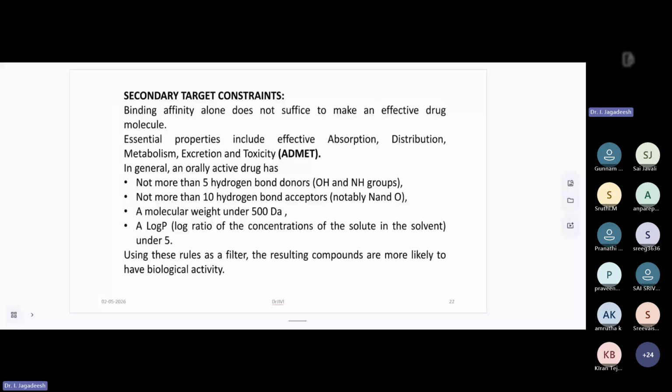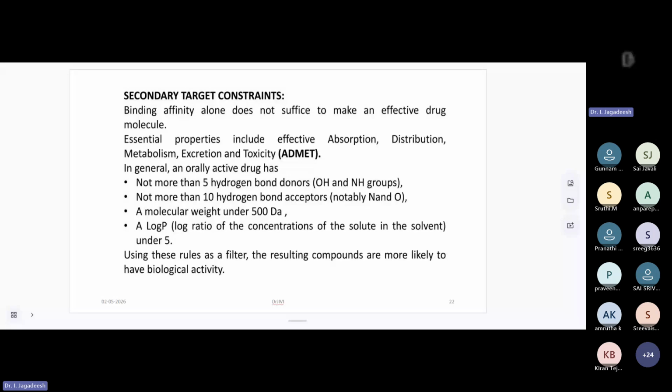Next, once we are making the fragment selection and the linking, we need to have a secondary target constraint. Binding affinity alone does not suffice to make an effective drug molecule, because we have seen till now that fragments and linkers are selected in such a way that they have a good affinity in the binding site.